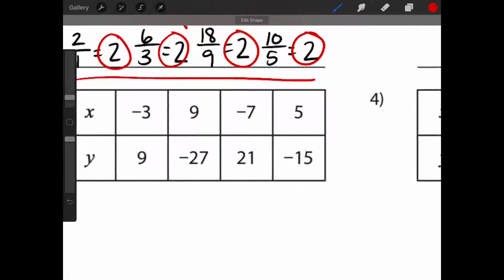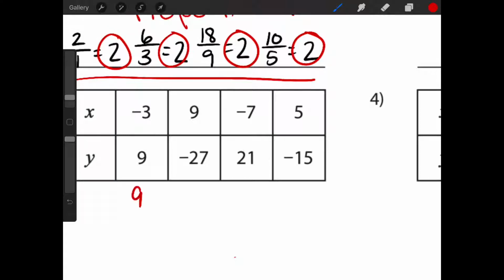Question number 3. Now we've got some negative numbers. In your calculator, you want to make sure that you are including those negatives, because if you don't include the negatives, then you might make mistakes on whether or not these are equal. So 9 divided by negative 3 in the calculator gives me negative 3.